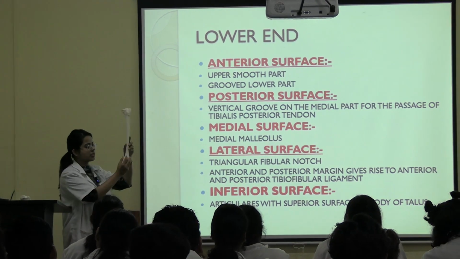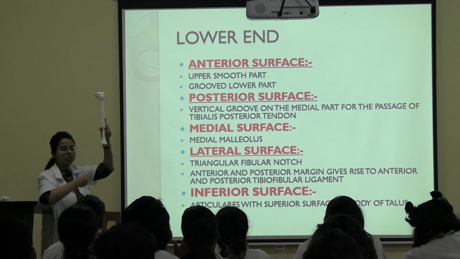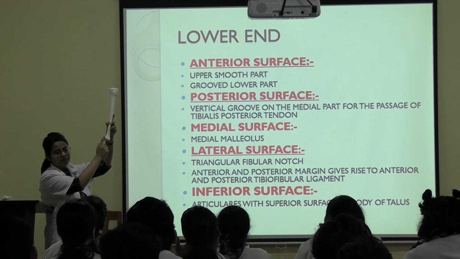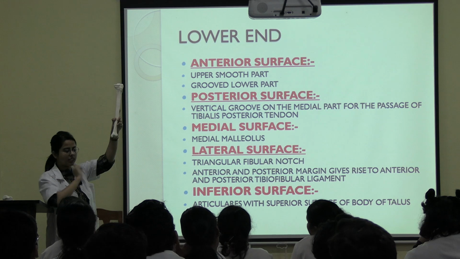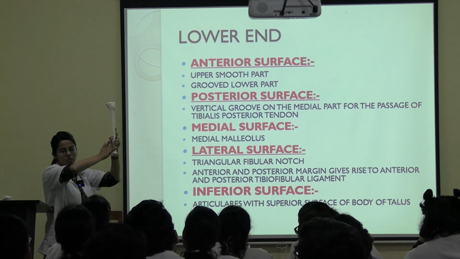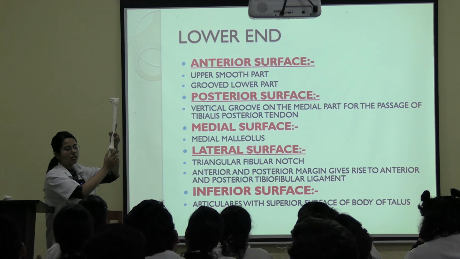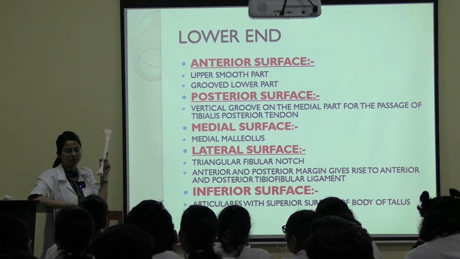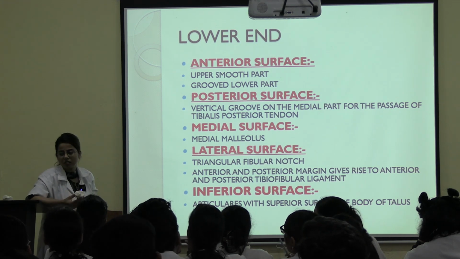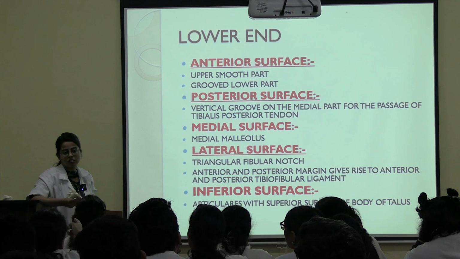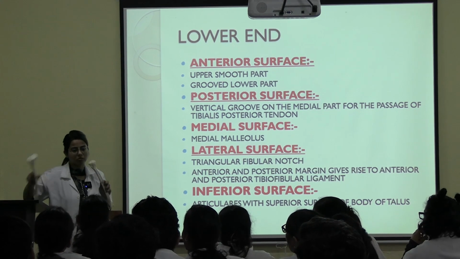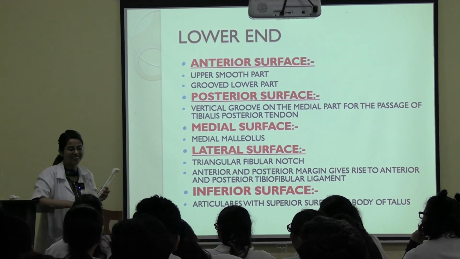Okay, so this is which end? Lower end. So this is which surface of the lower end? This is the anterior, because the tibial tuberosity and anterior border are present anteriorly, so this should be the anterior surface of the lower end. Yes, I changed the bone, I have brought this bone now.